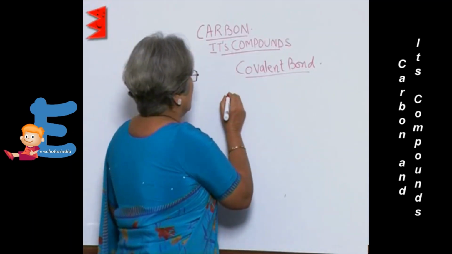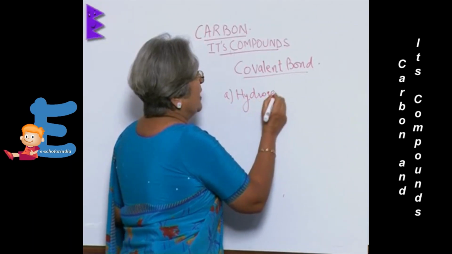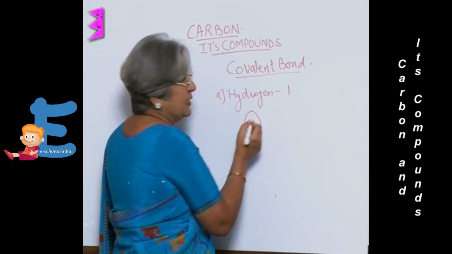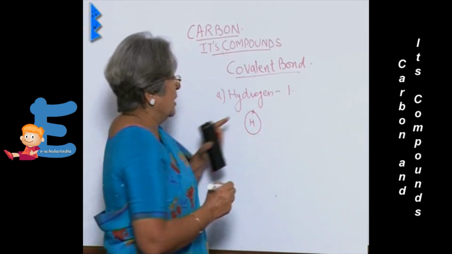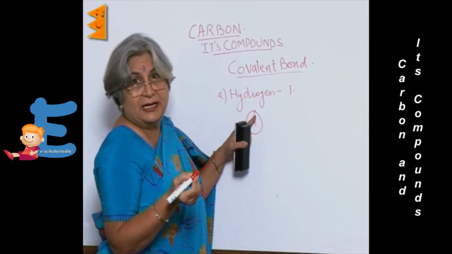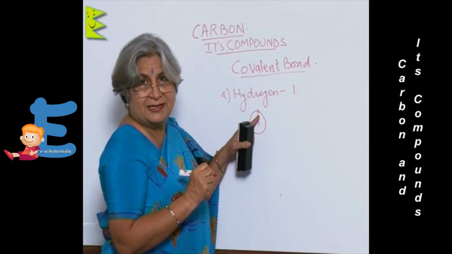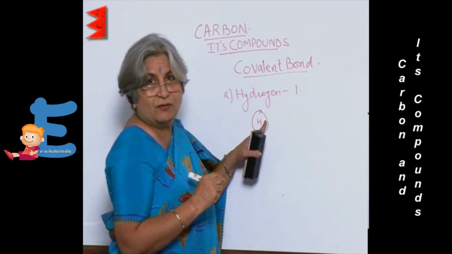Let us take the case of hydrogen. The atomic number of hydrogen is 1. So in the K shell, there is only 1 electron. Now it wants to be like helium, because helium is the nearest noble gas, and that has only 2 electrons. So it has to gain 1.